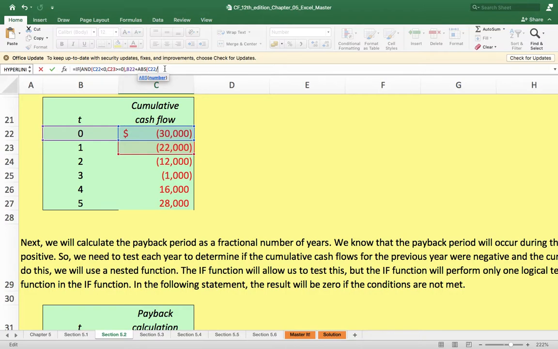You see what I have done. 22,000 is the year one cumulative cash flow. I am telling Excel that this 22,000, if it is 0 or positive, but it is not positive, it is negative. So Excel will give us the opposite thing. But we are telling Excel that at the very beginning it will be negative.